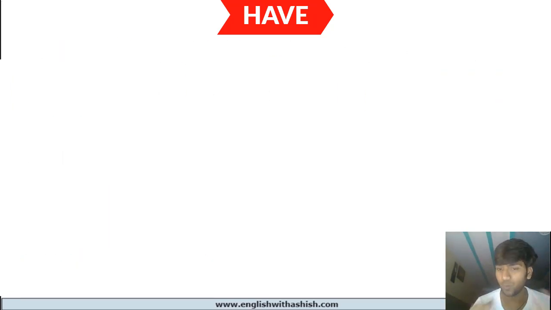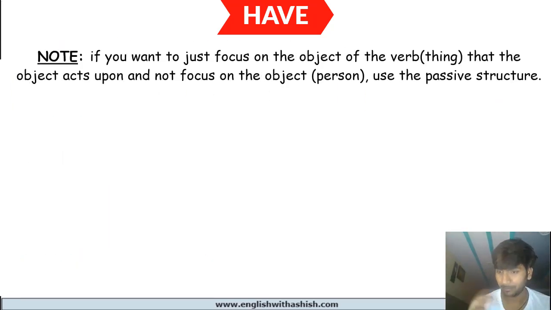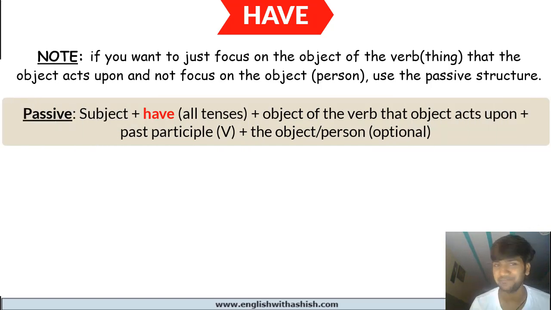And if you want to focus on the activity that the person does for you, you don't want to focus on the person who does the action for you or somebody else, you'll use the passive form. All right, the action that the person does for you is going to be in the passive form, and here's the structure.